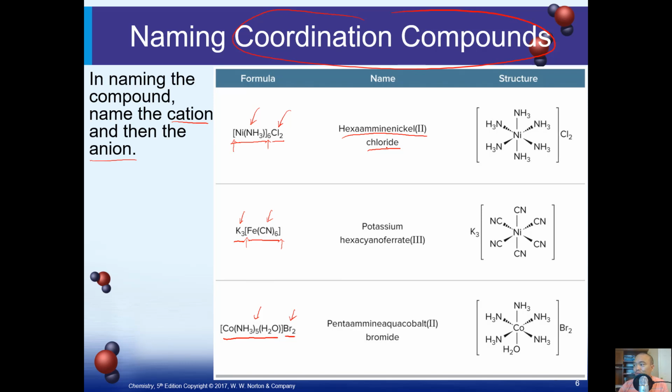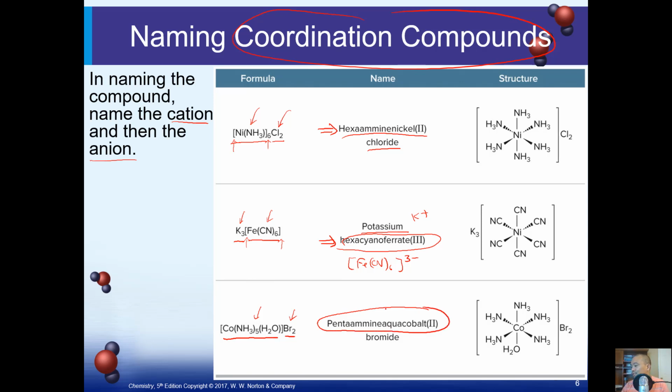For the coordination compound, it's exactly the same way. Look at the second example. Potassium means that's potassium ion. And hexacyanoferrate, that means you have this ion. Of course, we are going to talk about how to name these complex ions. If you know how to name the complex ion, the counter ions are usually easy.